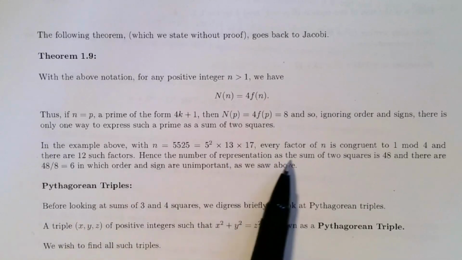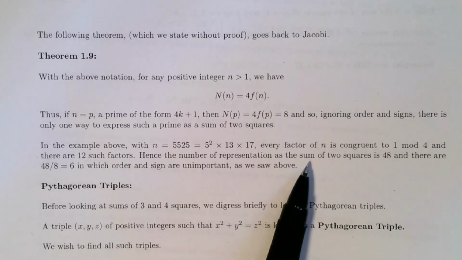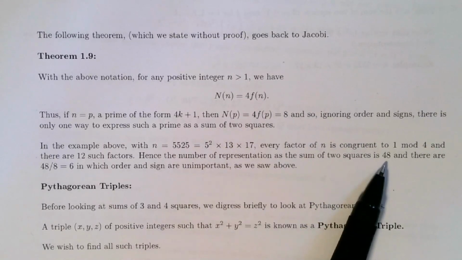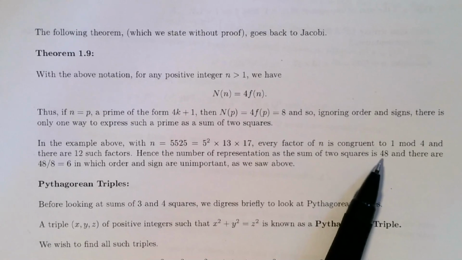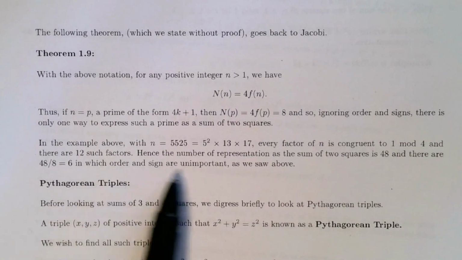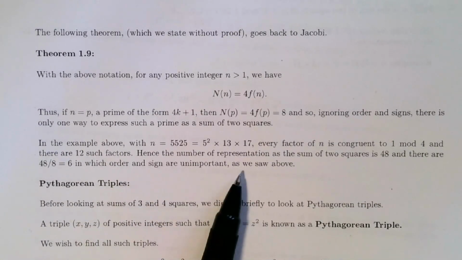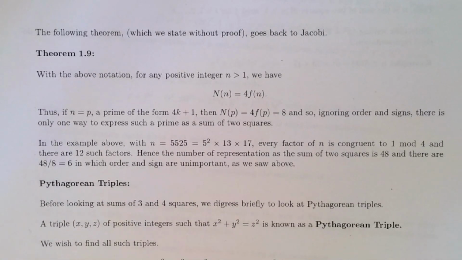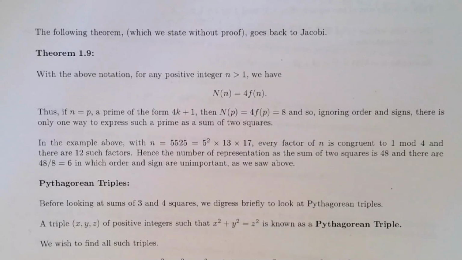Hence the number of representations is going to be 4 times 12, which is 48 by this theorem. And then I've got to divide this by 8 to get the number of essentially different ones. And that gives me 6, in which order and sign are unimportant, and that's exactly what we saw above when we did it by hand. We saw there were 6 representations of this number as the sum of two squares. In the next section, we'll move on and have a look at Pythagorean triples.